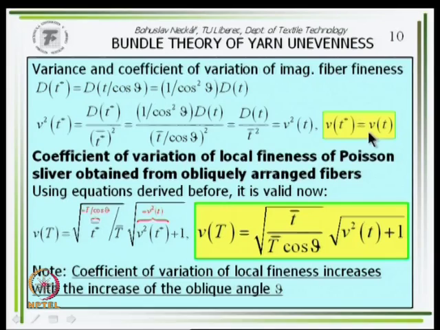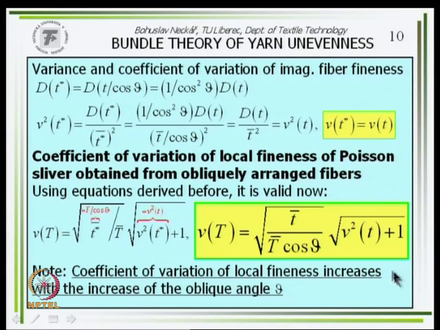Well, because of this, we can also use the same equation. Our equation for the Poisson sliver was this black one here. The only new thing is that I have here T star in the place of T, and in this place too. But we know that T star bar is T bar divided by cosinus. This is equivalent with this. So I obtained finally this equation, isn't it?